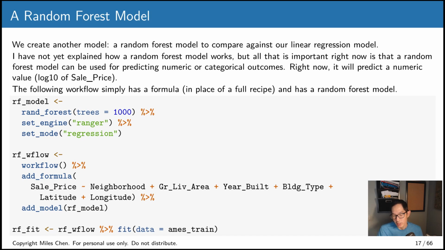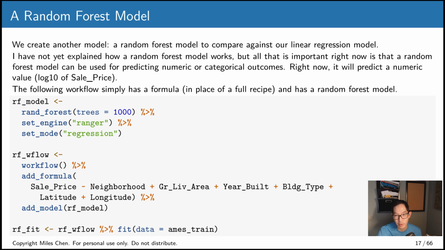So here we're going to create another model for regression. This is going to be a random forest model, and we're going to compare it against our linear regression model. I have not yet explained how a random forest model works, but that will come later.